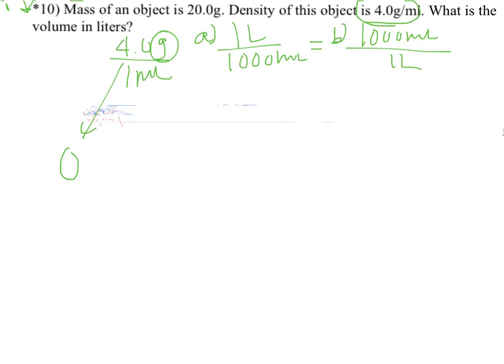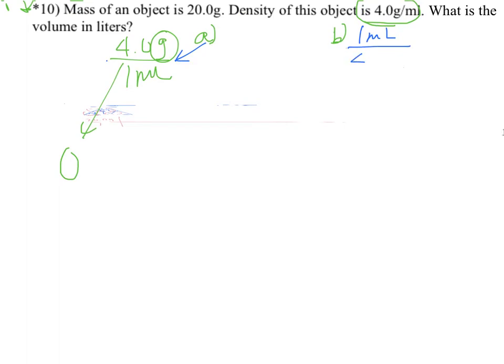So in this case, all you have to do is take your density and put it in terms of A and B. So we're going to call 4.0 grams over 1 milliliter A. Then B would be 1 milliliter at the top over 4 grams.